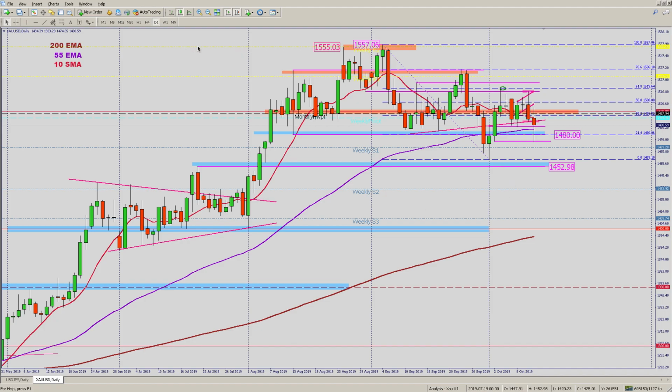spot gold has been weakening over the last couple of days.